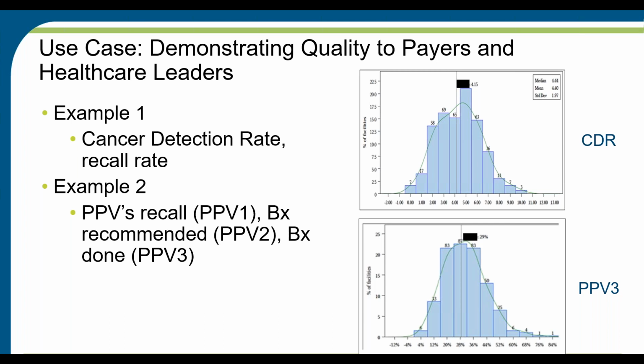So you can take these charts and utilize them with your administration meetings, things like that, with your payers, to demonstrate where you are in comparison to everyone in the NMD. And then you can also use it to determine if you need to make improvements within your organization. So it can be used to demonstrate quality to both your leaders and to demonstrate where you are with the quality inside your own department.